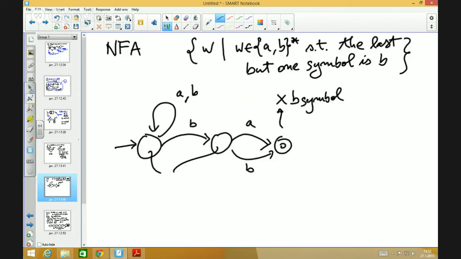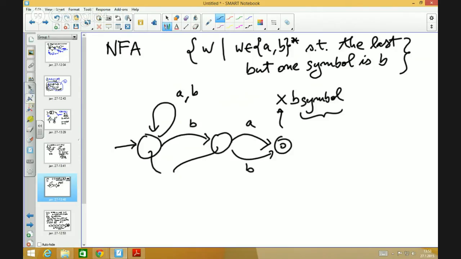The question is, why do you have A and B going to the accept state? Because the last symbol does not matter. It could be arbitrary. The only thing I want is that the one before it was a B. So, for instance, BA is a good string, but so is BB. ABA is a good string, but so is ABB.